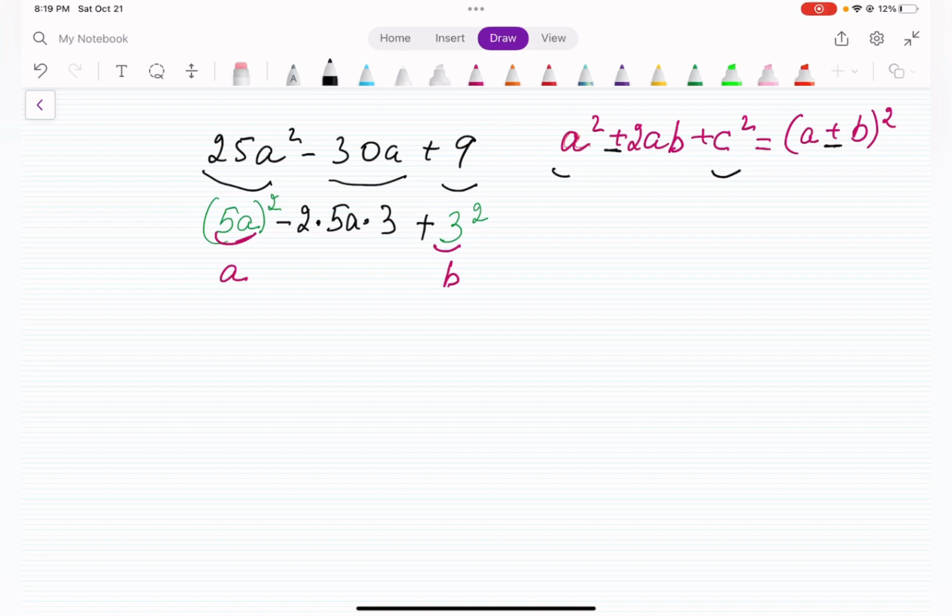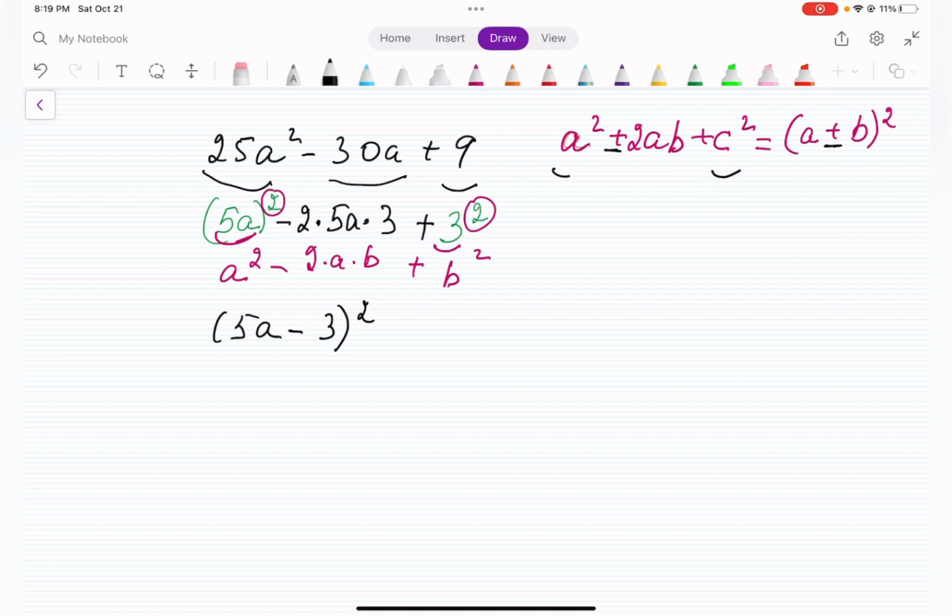And indeed, we are getting 2 times a times b. This is with minus, this is with plus. This a with the square is a squared, and 3 with the square is b squared. So from here, since my a is 5a, my b is 3, and in the middle I have negative, it would be (5a minus 3) squared. Okay?